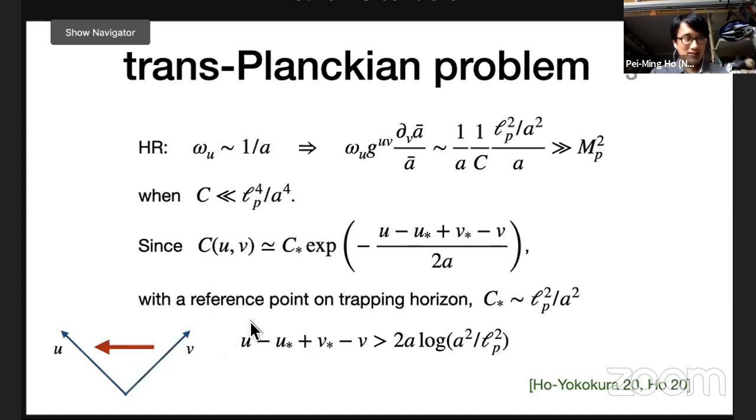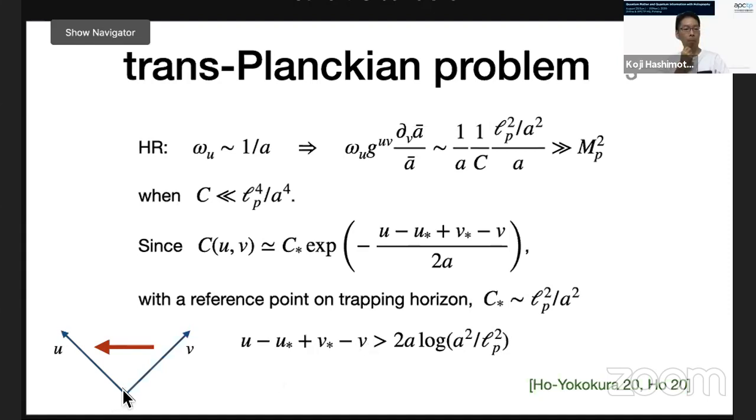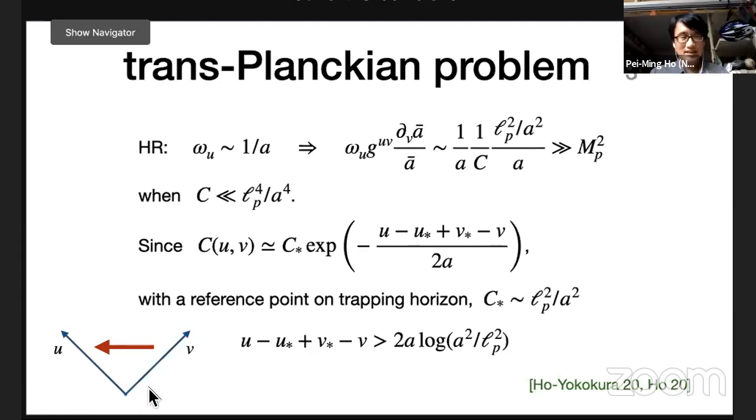So U is my time coordinate. If I think of the collapsing matter falling at almost the speed of light, it's falling at almost constant value of V. So if initially the surface of the collapsing matter is not deep enough, you wait a little bit, it gets deep enough. And the time you need to wait is the scrambling time.